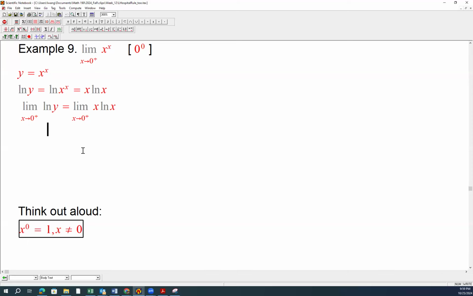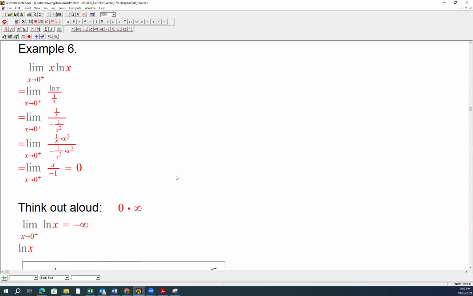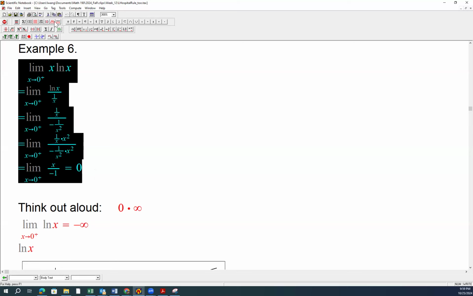But we did a similar question earlier. Let me show you, x raised to x, this one. Remember how we did it there? We bring it here.